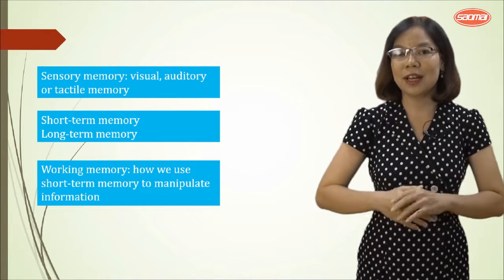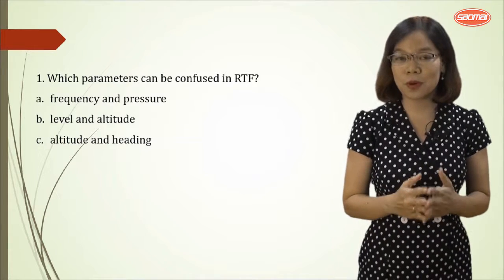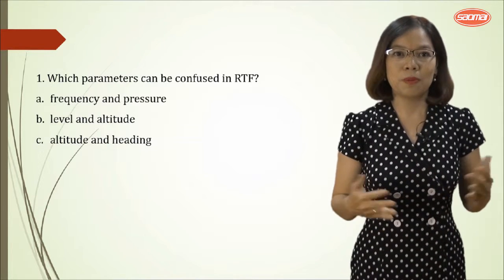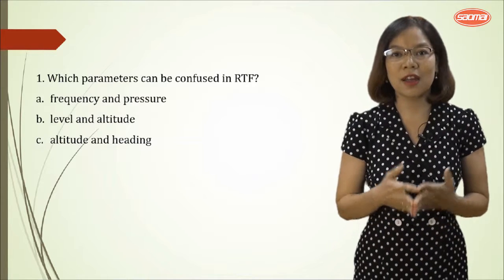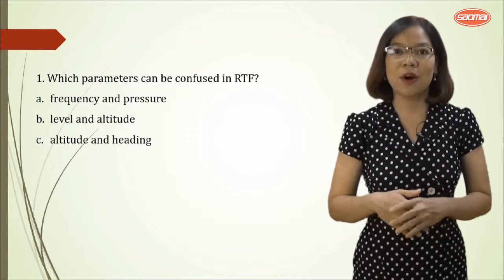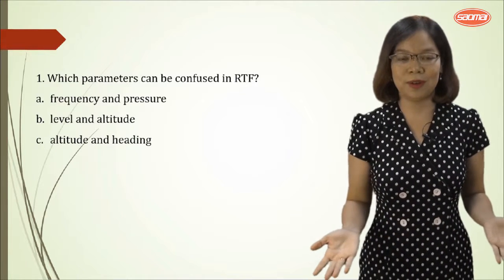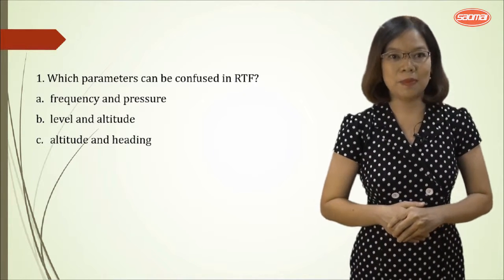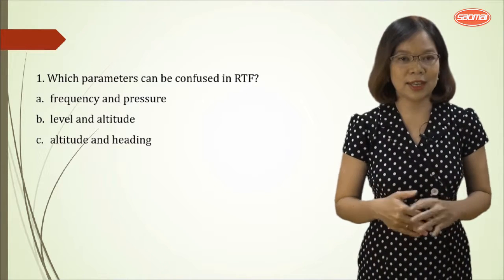Okay, so now let's correct the exercise. We have the first question. Which parameters can be confused in RTF? So RTF means radio telephony. So we have A, B, and C. Which one is the correct answer?